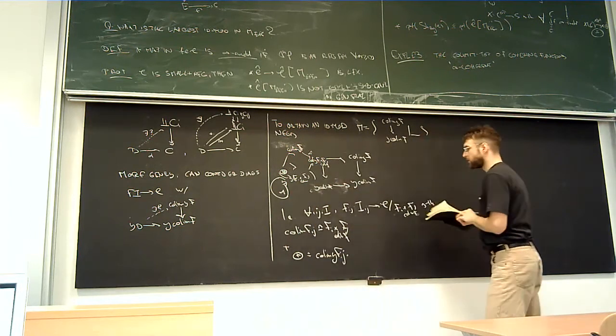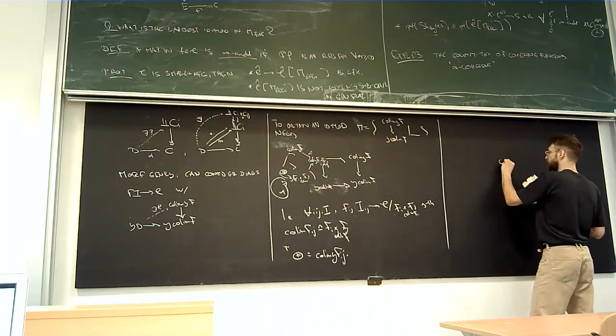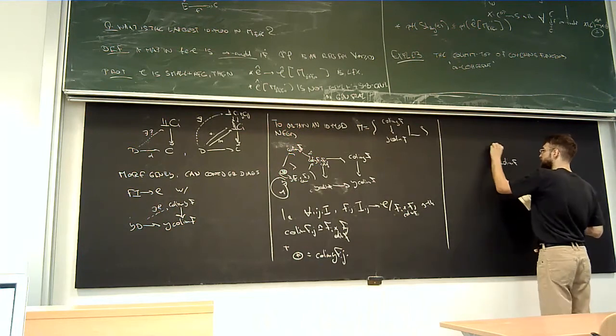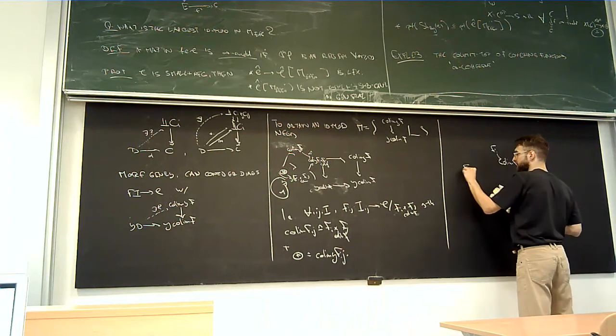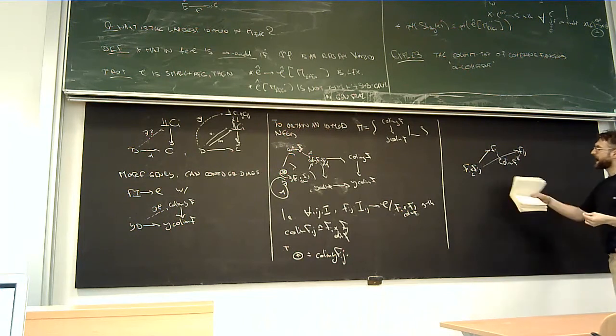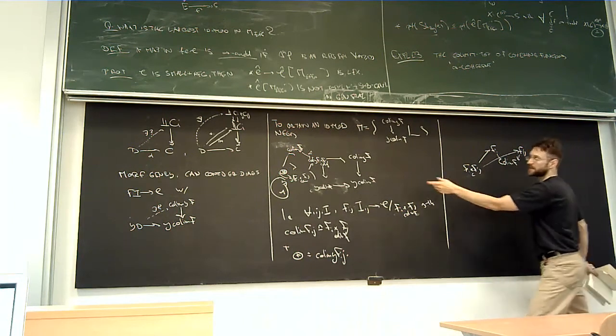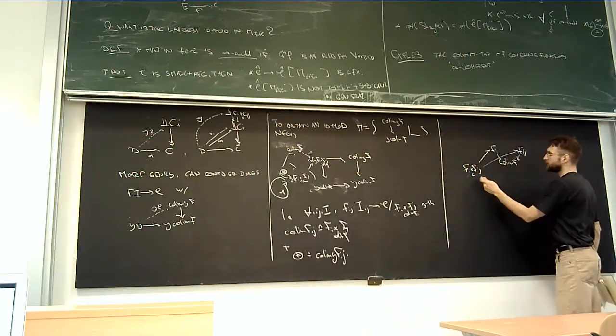Okay, so what this means basically is that if you look at this diagram, we can look at components, we can look at the pullback. Now, instead of asking that this is part of our diagram, we don't need that.